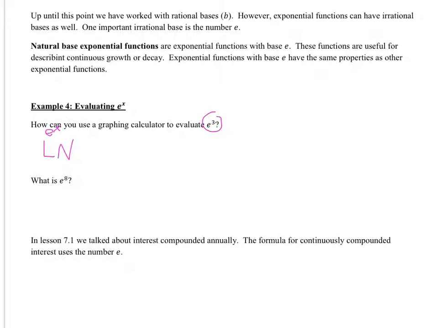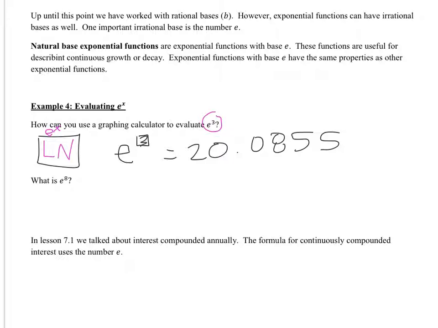All you have to do is push the second key and then this button, and it should pop up with the e in a little box. In this case, you would put 3 in, and then you should check to make sure that your answer is 20.0855. We always want you to round to 4 decimal places. Then I want you to try e to the 8th power. Try that by yourself.